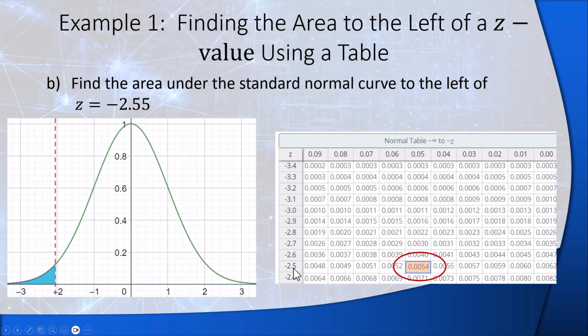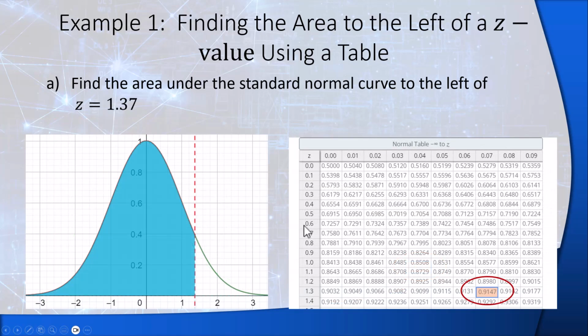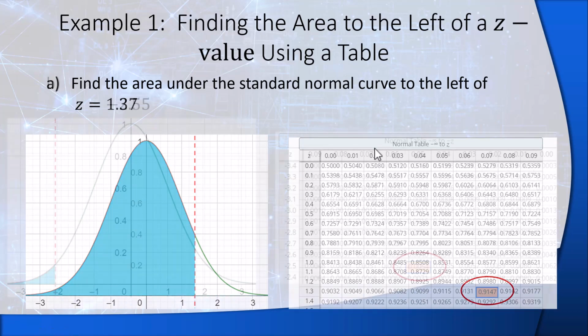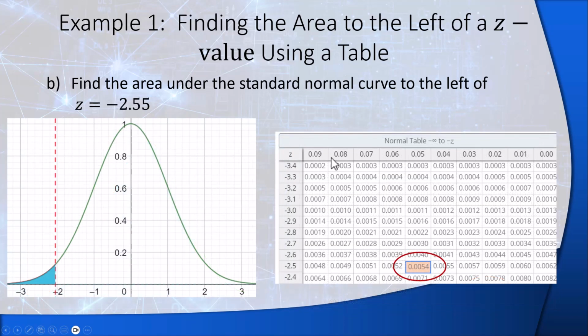Also notice that unlike our previous table, where we start off for the second decimal place with 0.00, 0.01, 0.02, this one does it backwards: 0.09, 0.08, 0.07, 0.06, 0.05, and so forth. So we want to start off at 0.09 and go down to 0.05, and this will be your answer.